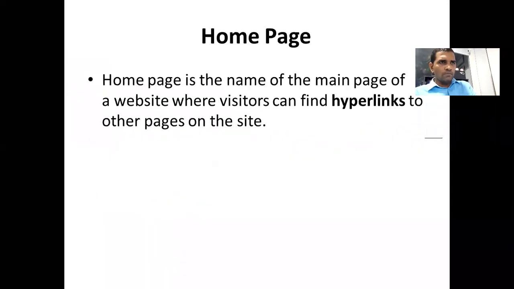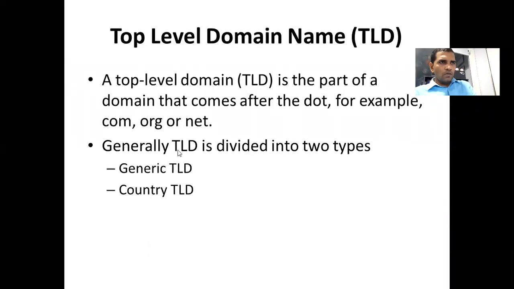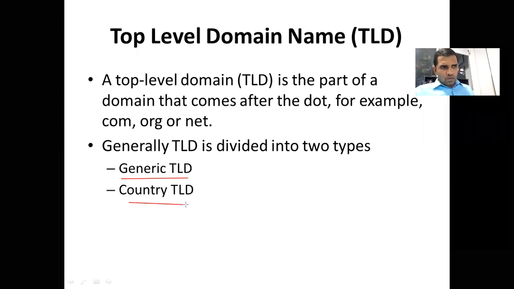Listen to me, we have two types of top level domain names. The first one is called generic top level domain name. The second one is called country TLD, country top level domain name. Just now, I have shown you two TLDs.